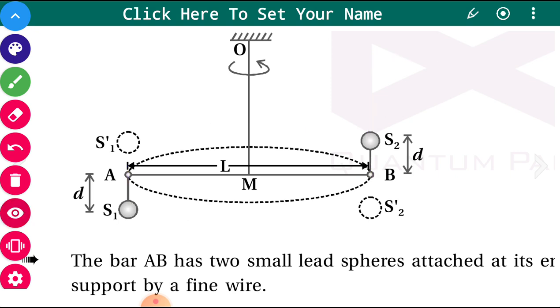Now try to understand the couple or torque here. What is the definition of couple or torque?